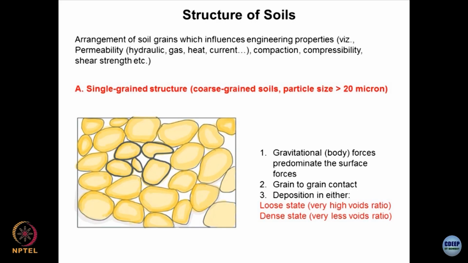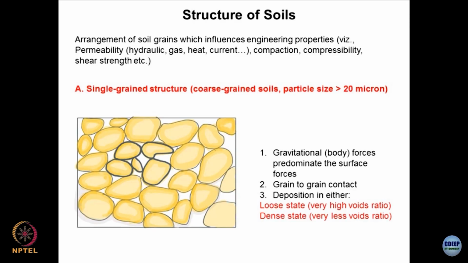Hydraulic means water, fluid conductivity, gases, crude oil, different types of contaminants, compaction, compressibility, shear strength, consolidation, everything. Henceforth, it is just like understanding somebody from very early childhood. Once you understand this boy or girl is like this, you can handle this person carefully, and you understand maybe 85% of how this person is going to behave, alright. So, that is why this is important.